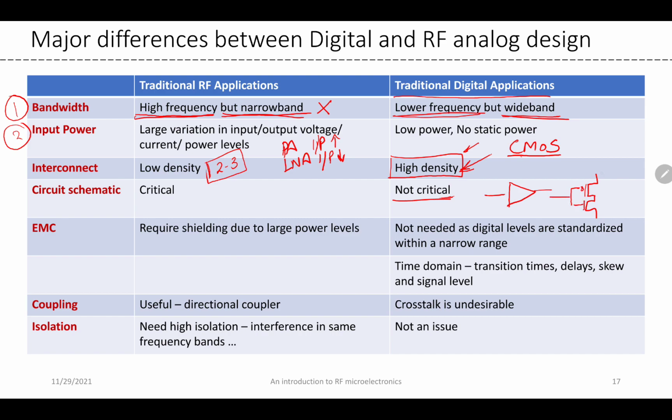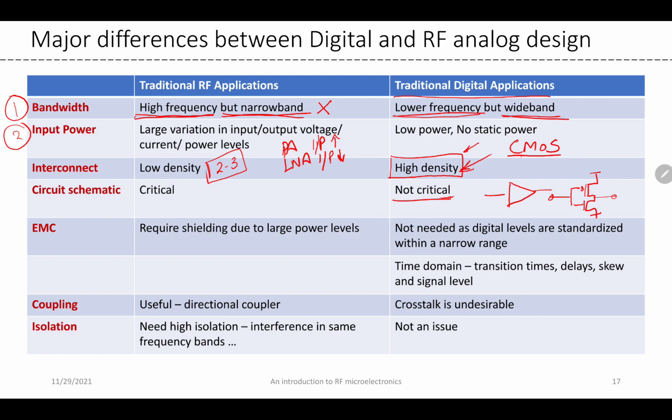This design itself has been optimized, so it's not critical. Now all you have to do is use these gates to form different components. But in RF applications, your circuit itself changes based on the application, which is not true for digital applications.